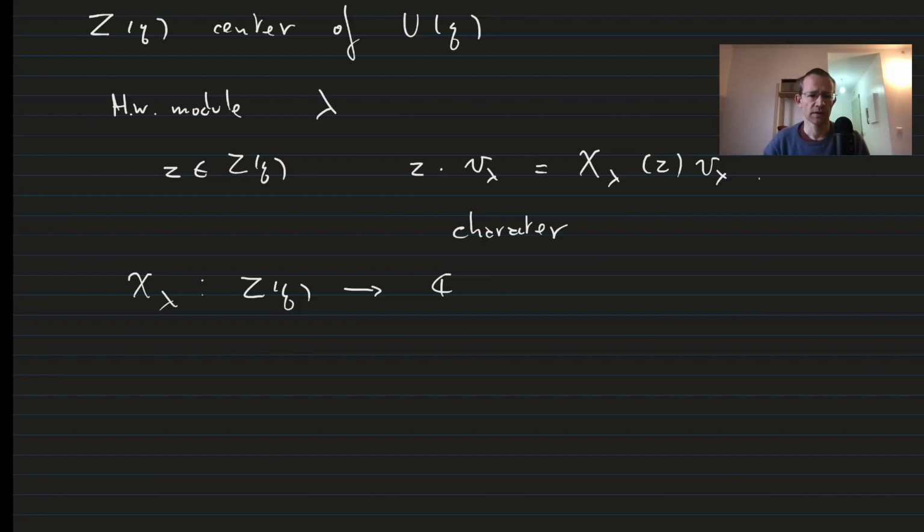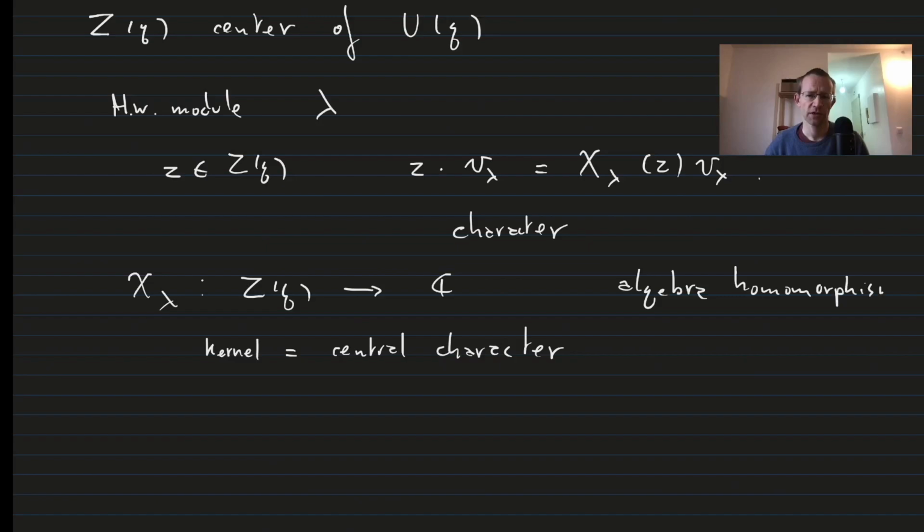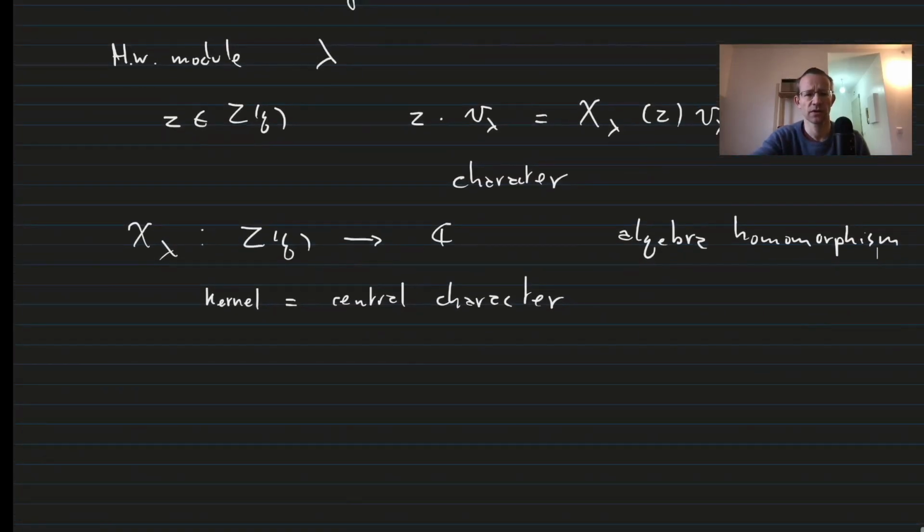Moreover, the kernel of this character, which we call the central character, is a maximal ideal of Z of G, and chi lambda is an algebra homomorphism, as can easily be checked. So we have some action of center elements on our highest weight module of highest weight lambda called chi lambda.